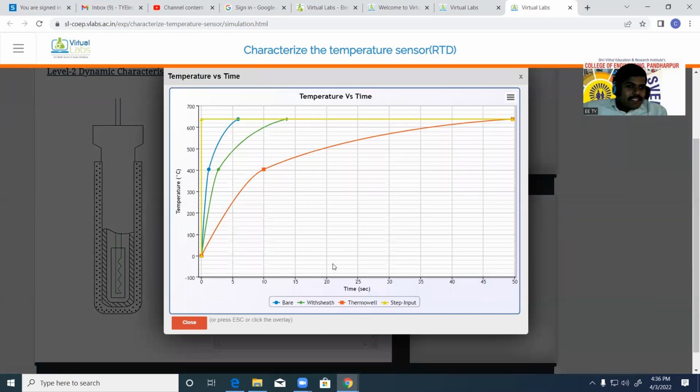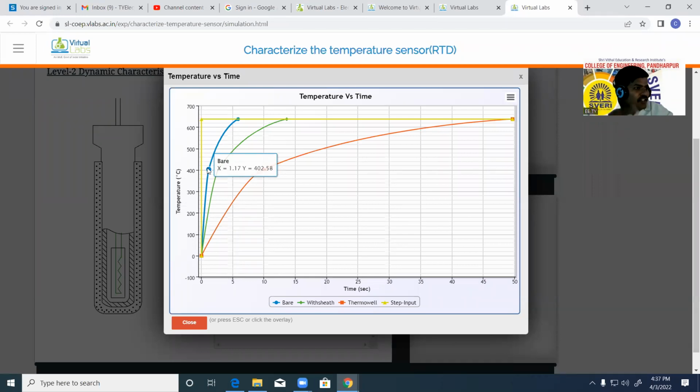This is the dynamic characteristics, temperature versus time. Time is here and temperature can be plotted on the y-axis, time on the x-axis. Do you know the time constant? At 1.17, what is the value of temperature? 402.58 degree Celsius, okay.